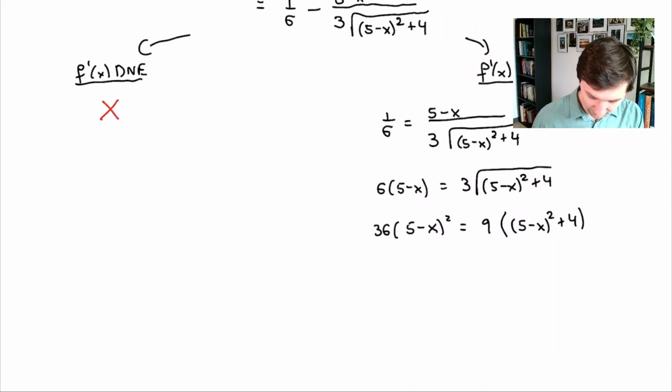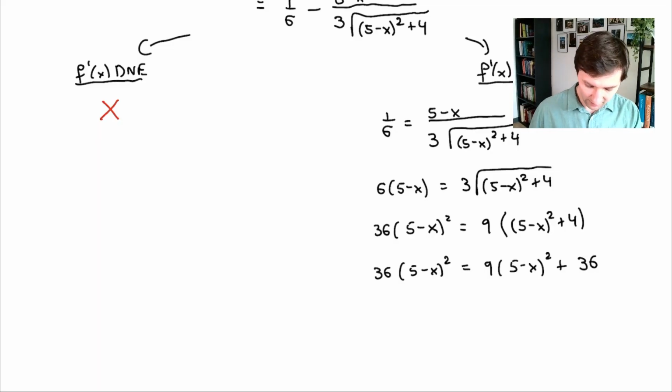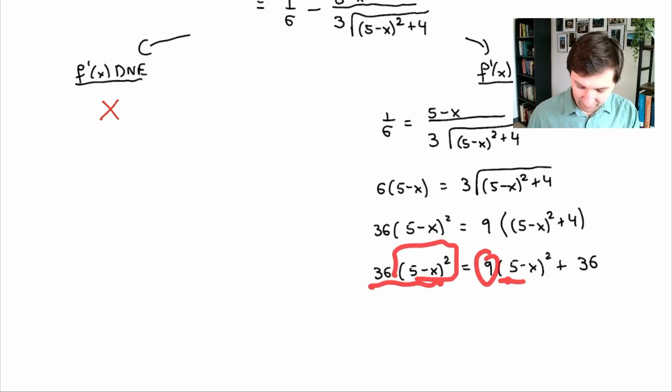Let's multiply the right side. On the left, I get 36 (5 minus x) squared. On the right side, I will get 9 (5 minus x) squared plus 36. On the left side, I have 36 of these parentheses. On the right side, I have 9 of them.